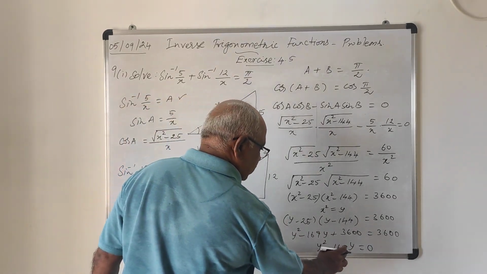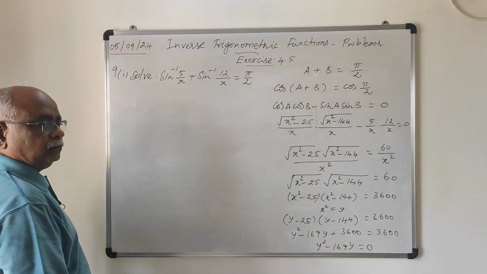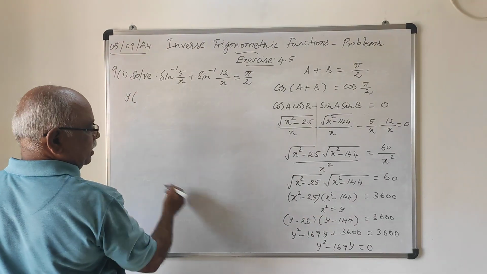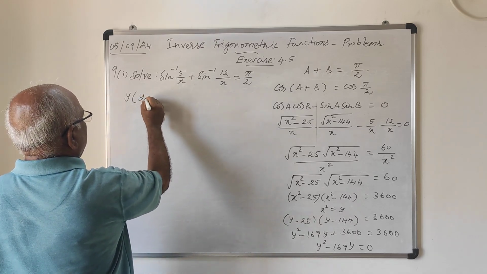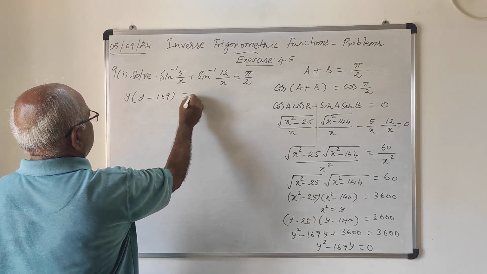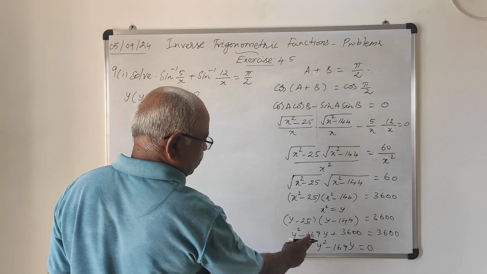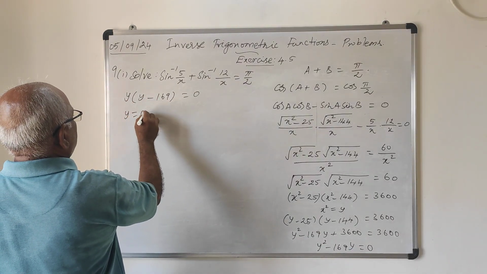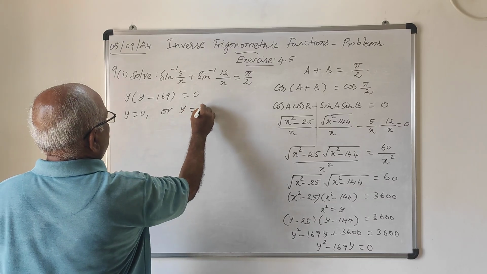We will solve this equation now. Take y as a common term: y into y minus 169 equal to 0. From this, y equal to 0 or y equal to 169.